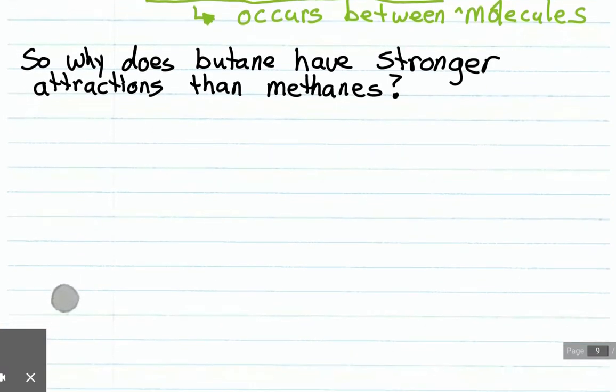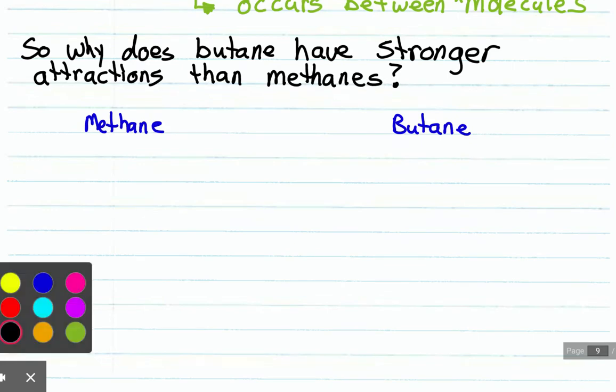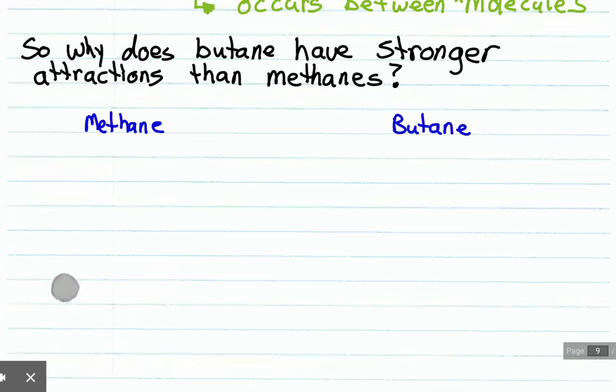In order to explain it, we're going to look at methane. And we're also going to look at some intermolecular forces happening in butane. So if we have some methane particles, they're going to all look like this.